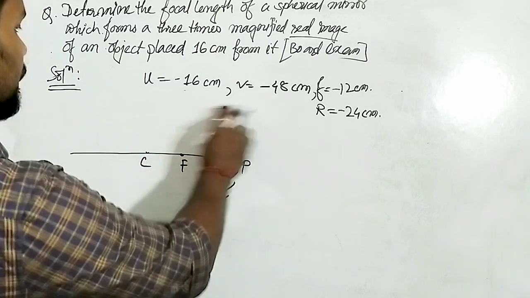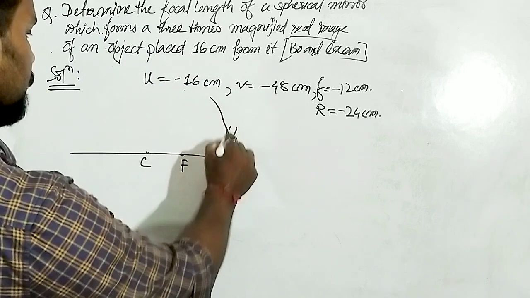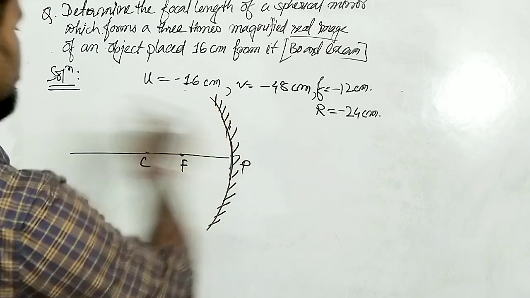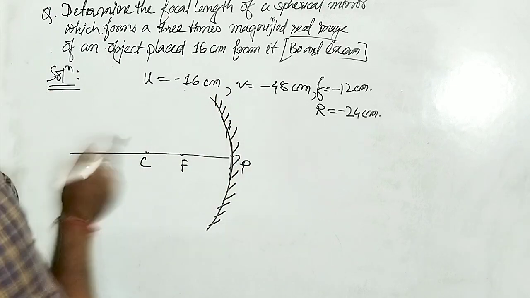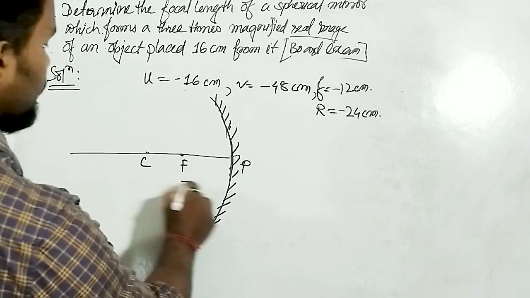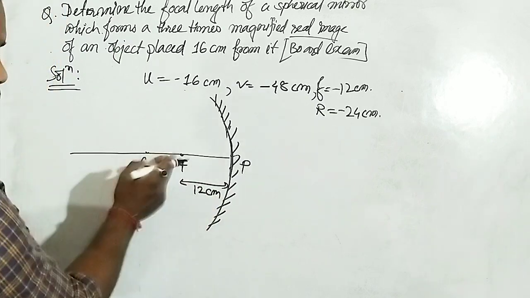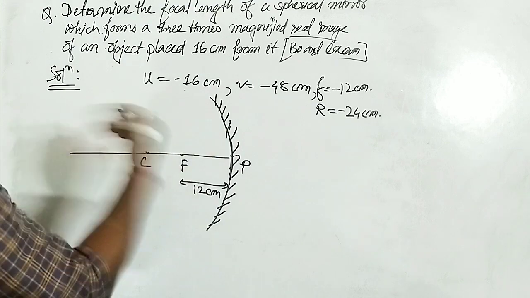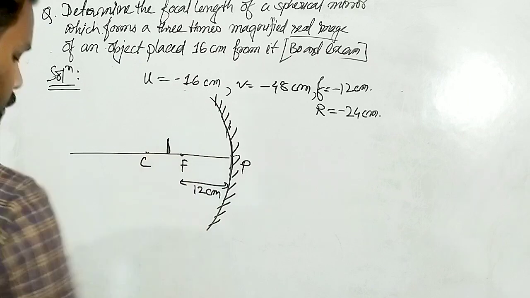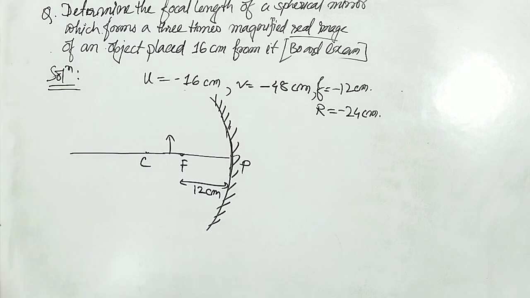Now, the object distance is 16 centimeter and the focal length is 12 centimeter, so PF is 12 centimeter. The 16 centimeter will be a little bit behind the focus, so the object will be here.